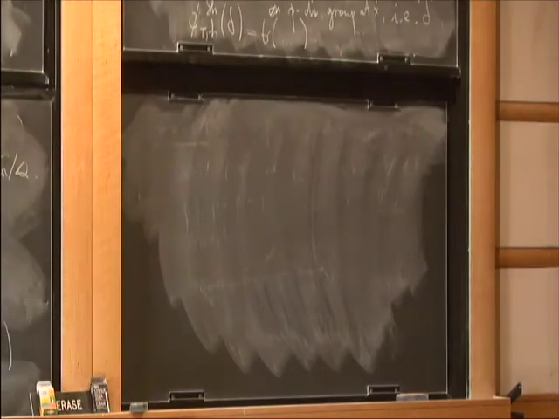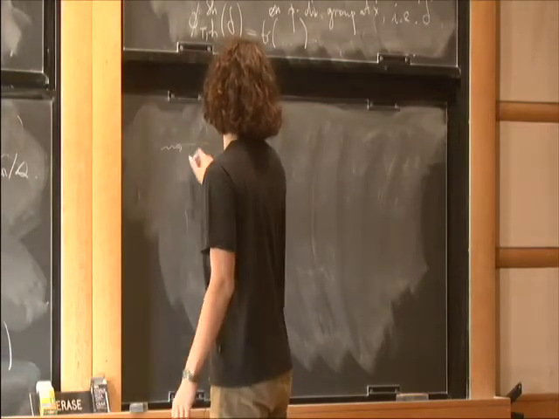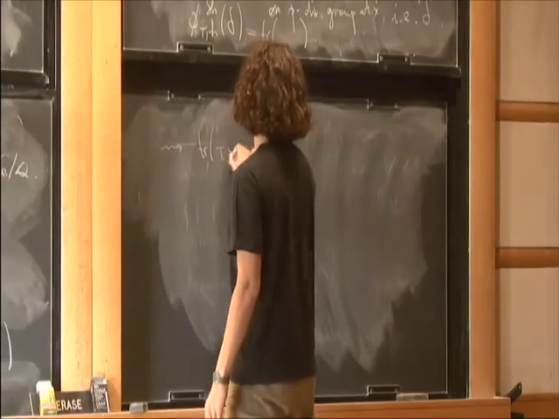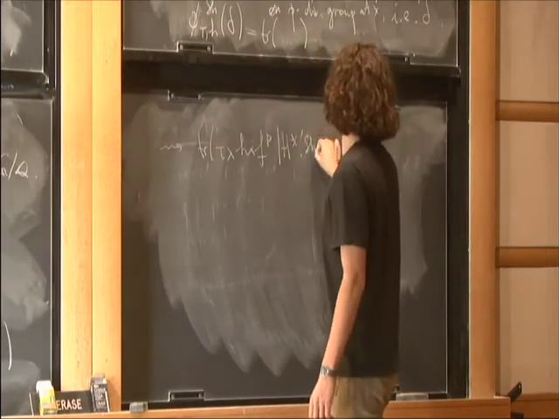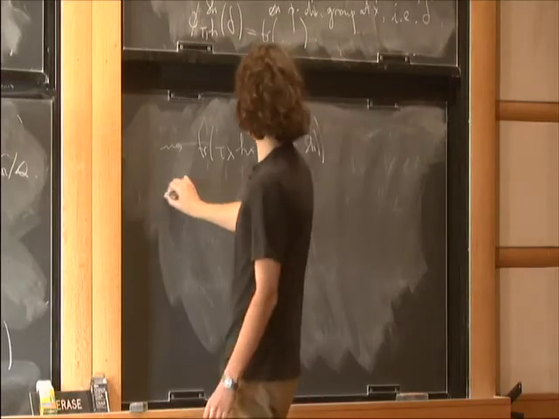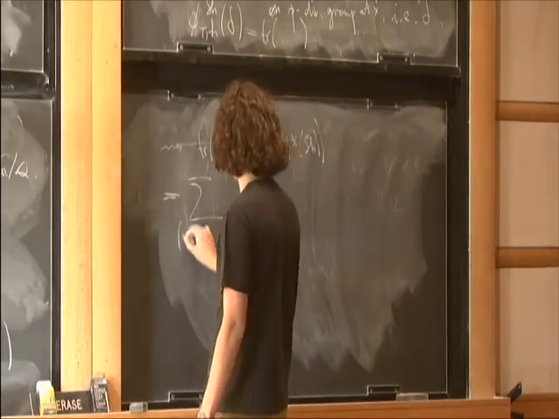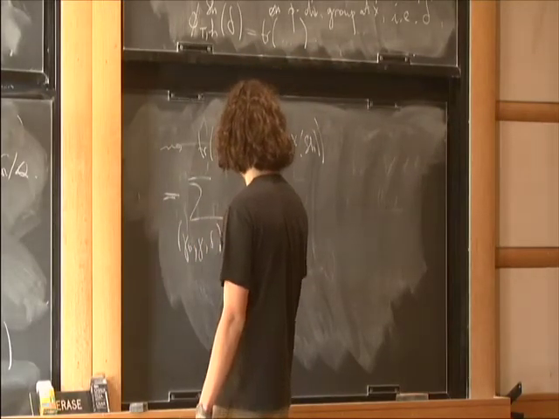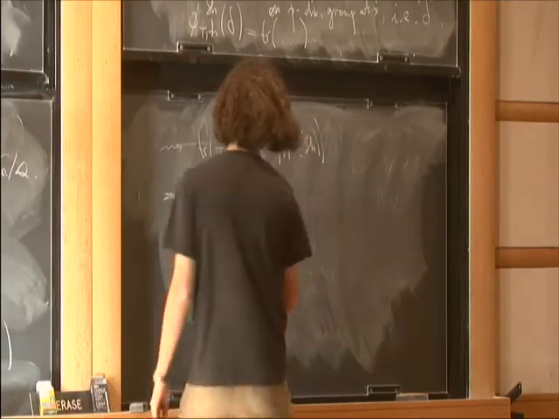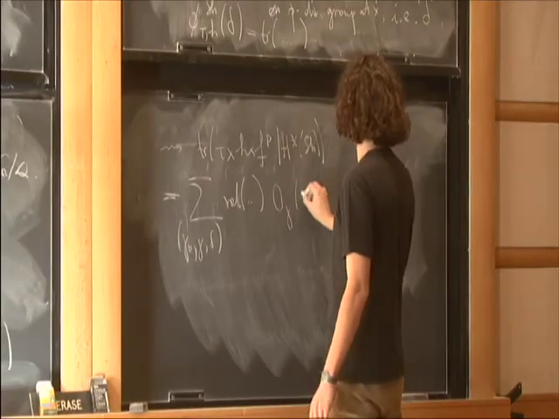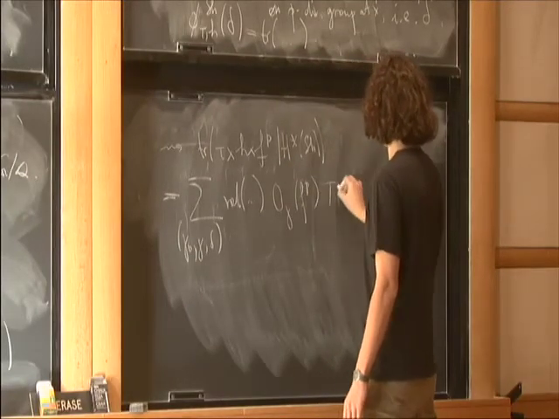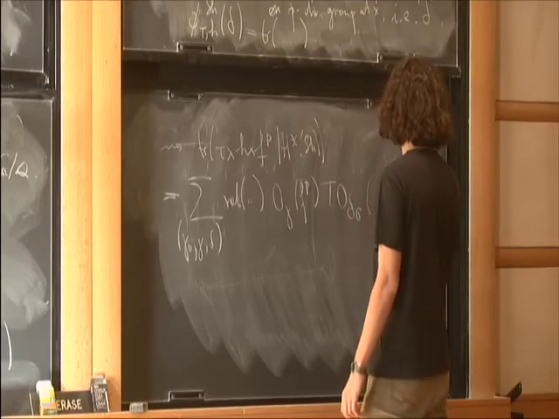Okay, and now we can just repeat all the arguments of Kottwitz and arrive at the following expression in the cohomology of the Shimura variety is given by a sum over such triples of some volume factor times the orbital integral of this function away from p times the twisted orbital integral of this function at p.